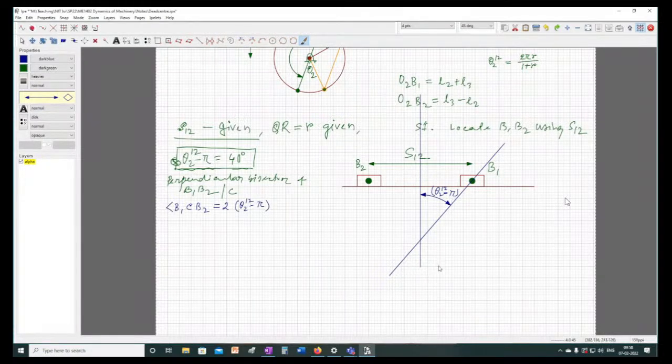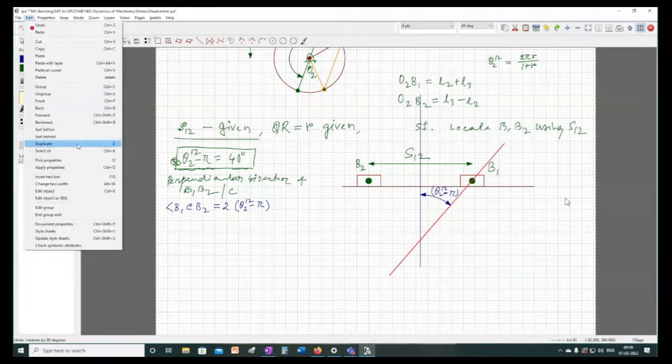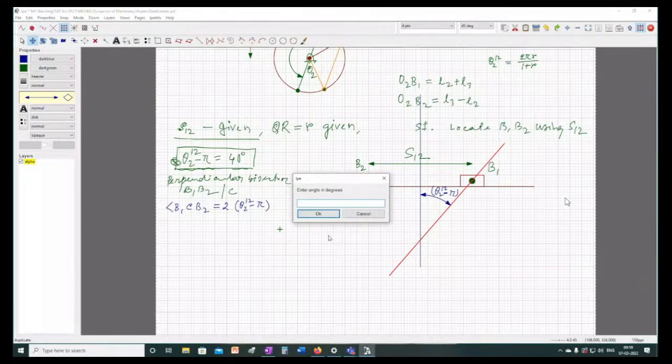So then you know that the same line, if we rotate it by this, we need to make a duplicate and then rotate.